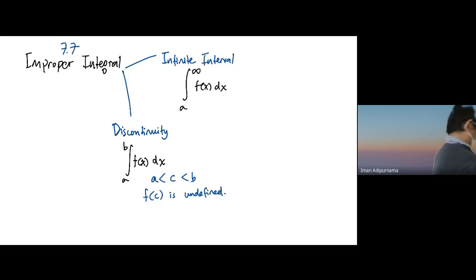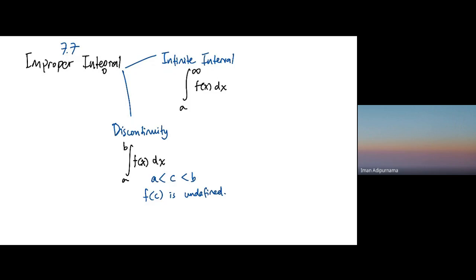So the improper integral is a way to approach a definite integral when your endpoints are as large as possible, or when your interval has some discontinuity in between.